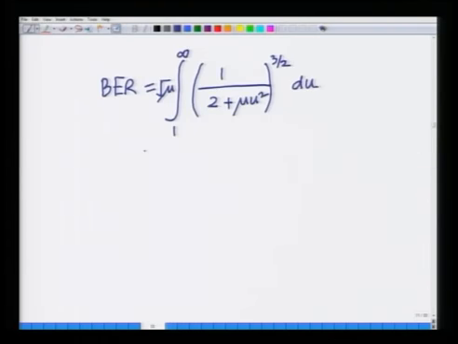So, I am writing the outer integral now as square root of mu, integral 1 to infinity, 1 over (2 plus mu u square) to the power of 3 by 2.